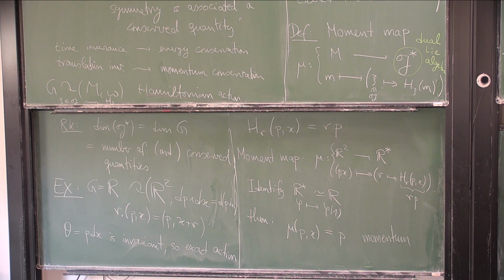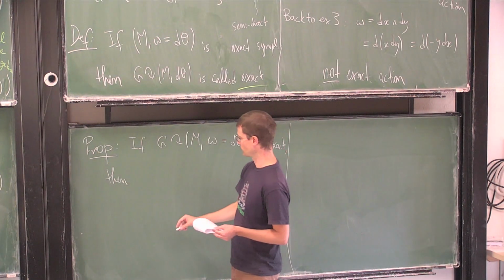If G acts on (M, omega), which has a global potential, is exact, then we've seen that exact implies Hamiltonian, so we can ask what the moment map is.